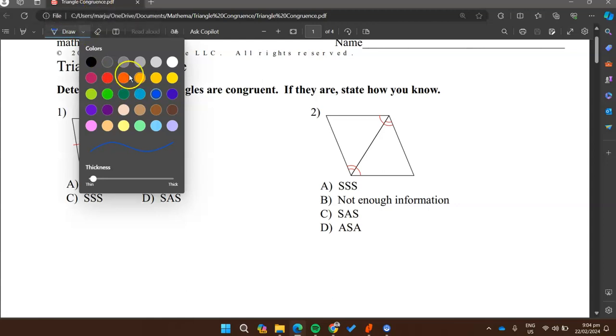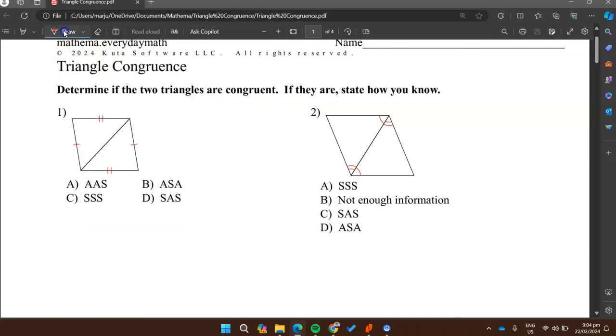In this figure, we are given that this side is congruent to this side. So we have S, and we have another side, this one and this one.